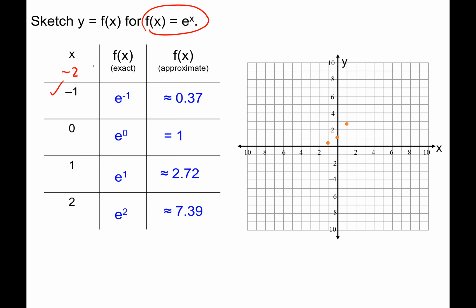The points given all the pairs. -1 corresponds to 0.37. So this -1 here, get that point. And then 0 is 1, right here. And then 1 is 2.72, right here. And as you can see, 2 is 7.39. So go up here. And you're connecting all those points, and then you get this exponential function with base e. Yeah. You extend it in both directions. And here, the x-axis is what we call the horizontal asymptote.